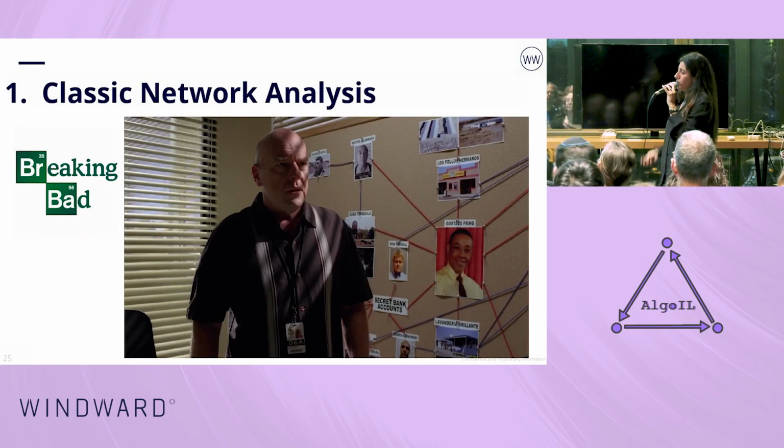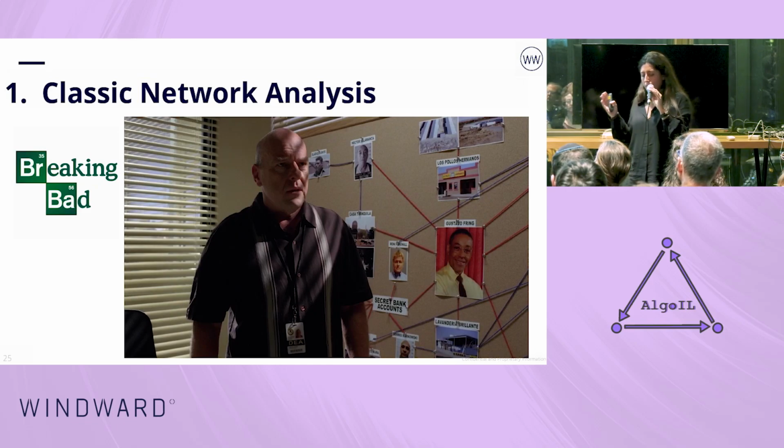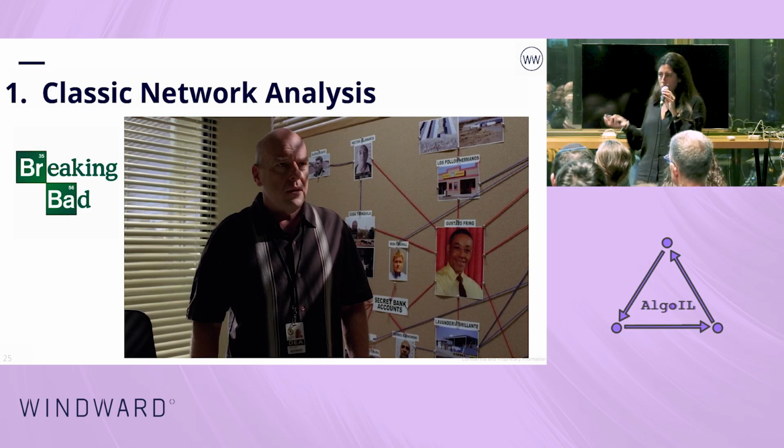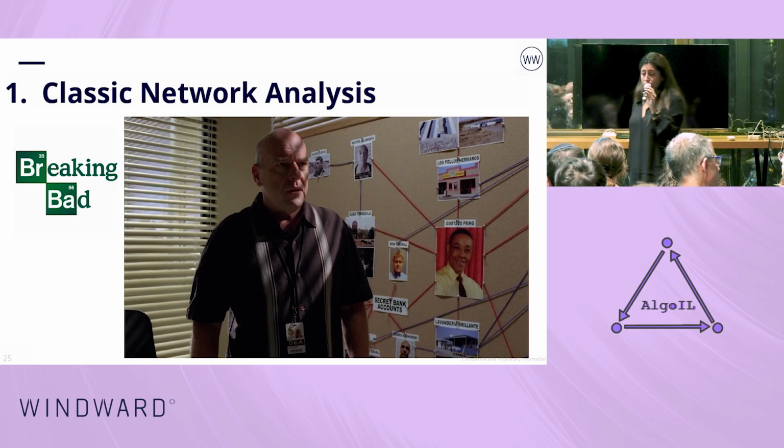Now if we're at the first level, we have classic network analysis. It's working with the kind of tool that we've been working on, the prototype I just showed you, to take insights out of it.